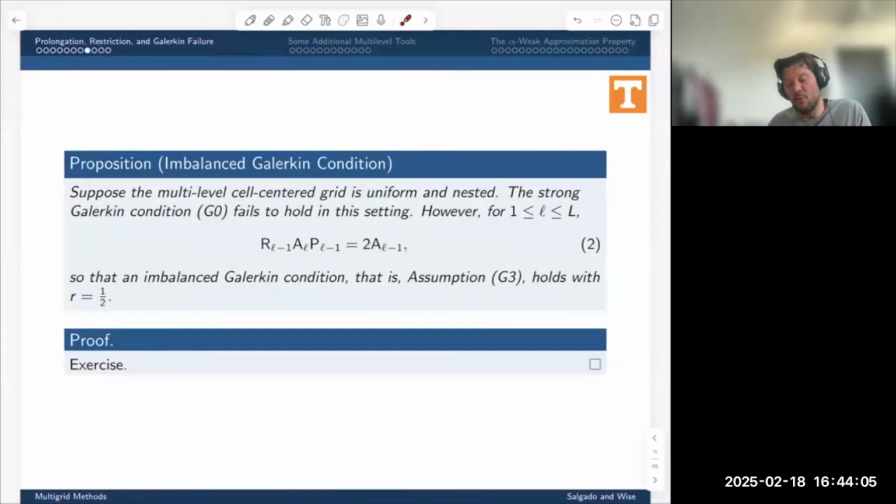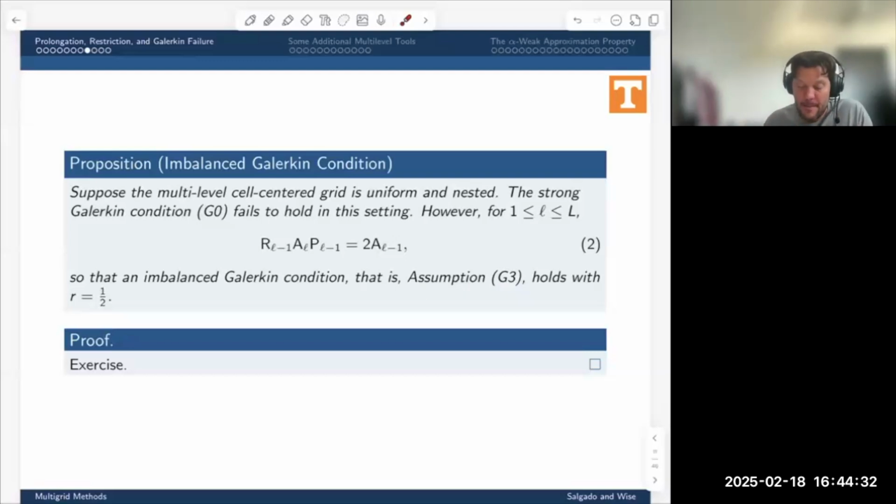Now, this is the one that's kind of a cute little property. This is the one we're more interested in. So it turns out the standard strong Galerkin condition fails. That is kind of patently obvious already because we know that we don't have a balanced prolongation restriction pair. But it turns out the imbalanced Galerkin condition, assumption G3, does hold.